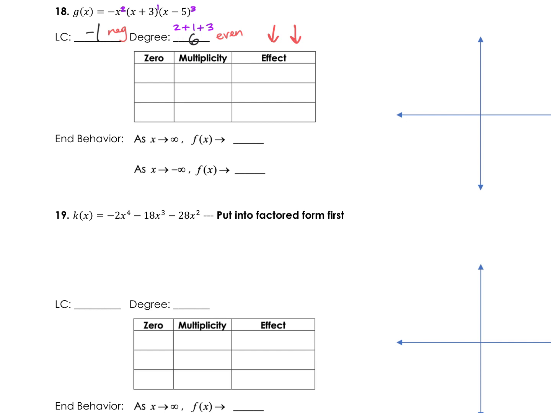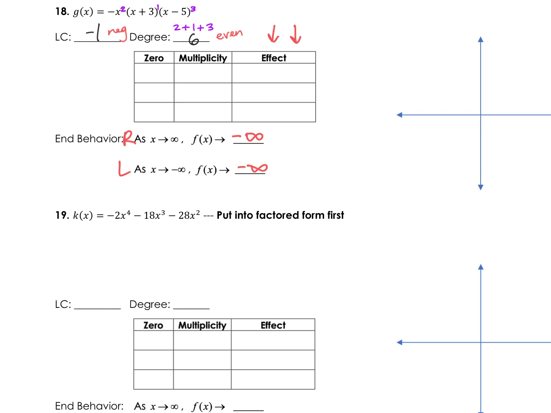As x goes to infinity, I'm saying as x goes to the right, f of x goes down to negative infinity. As x goes to the left, negative infinity, f of x or the y values are going down. So you know it's going to be down, down, so that's why they're both negative infinity.